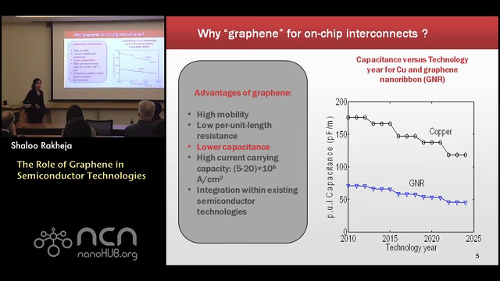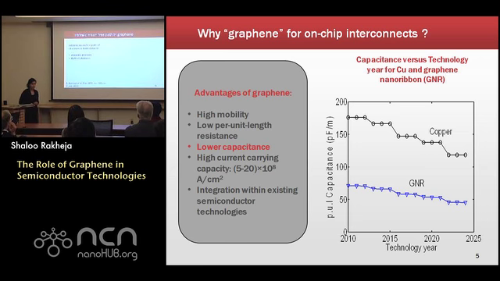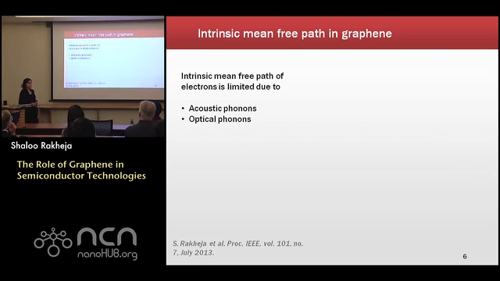But the question is that to be able to quantify the performance limits of this particular novel technology, you have to understand the graphene material, both its intrinsic and extrinsic properties. I'll get started with the intrinsic properties of electrons in graphene. The intrinsic limits are imposed by scattering due to phonons, both acoustic and optical phonons in graphene.